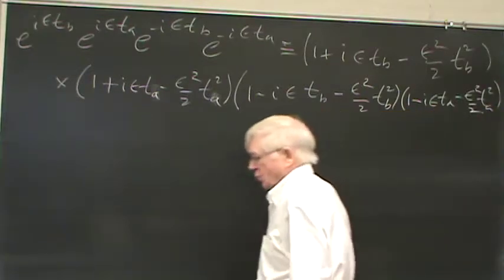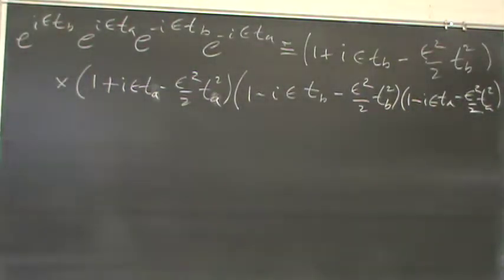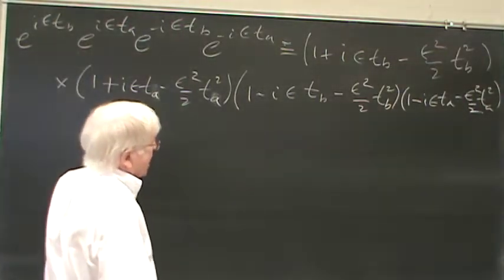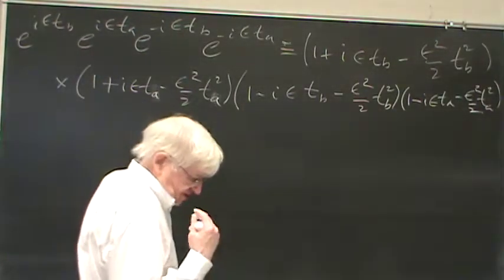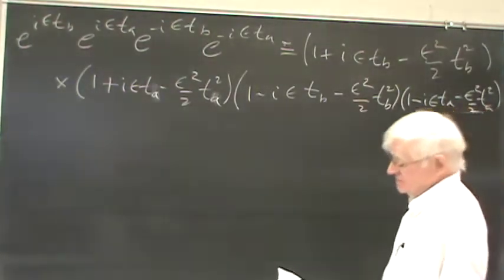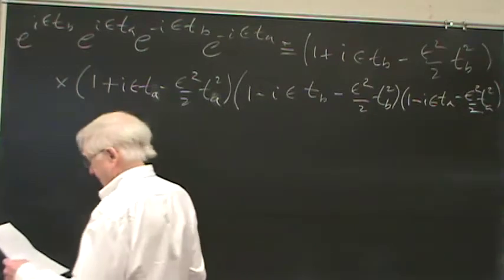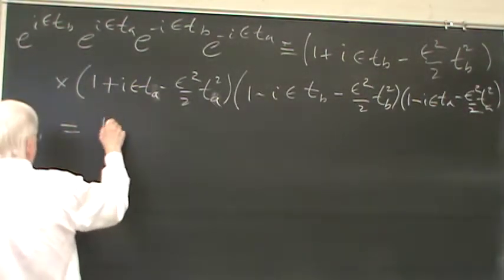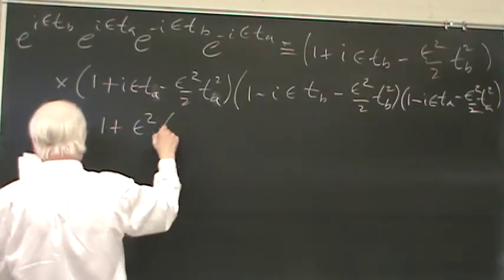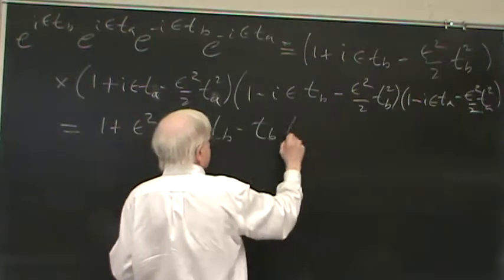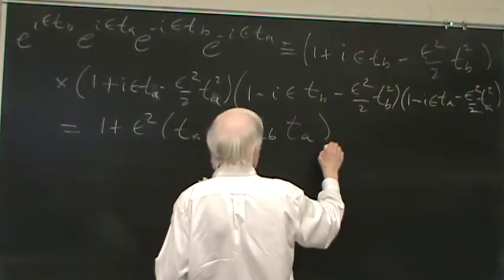Okay, so in the second order, you multiply all this out, you drop terms of third order and fourth order, and what you find is that all the terms of first order cancel, and many of the terms of second order cancel, and what you get then is 1 plus epsilon squared (TA TB minus TB TA).